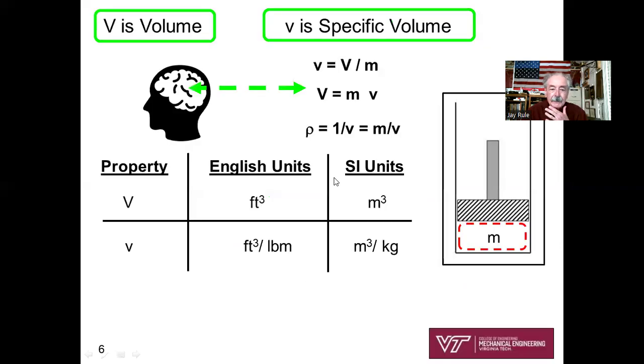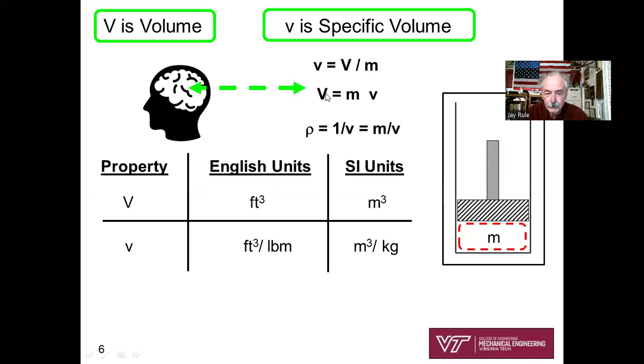Capital V is the volume of a system, and little v is called the specific volume. I know in the first couple of days in class, we talked about extensive properties and intensive properties, but certainly in problem solving, the big thing is remembering that capital V is volume, little v is called specific volume.